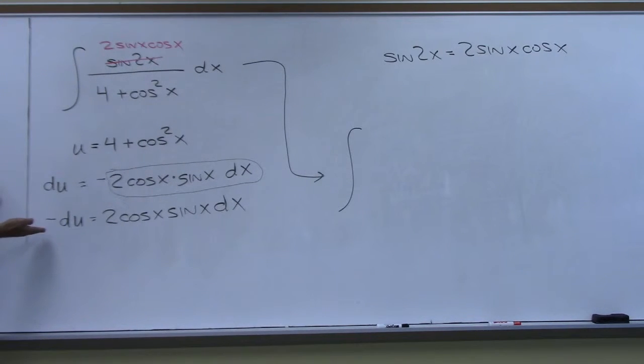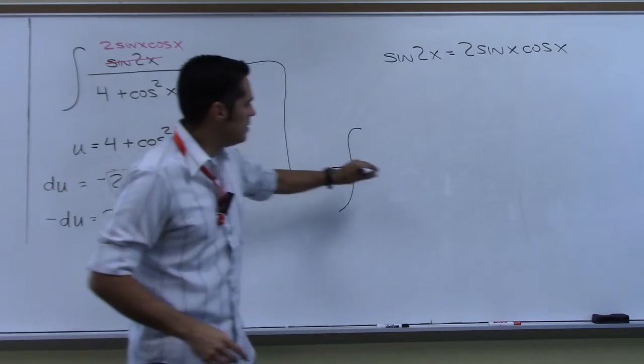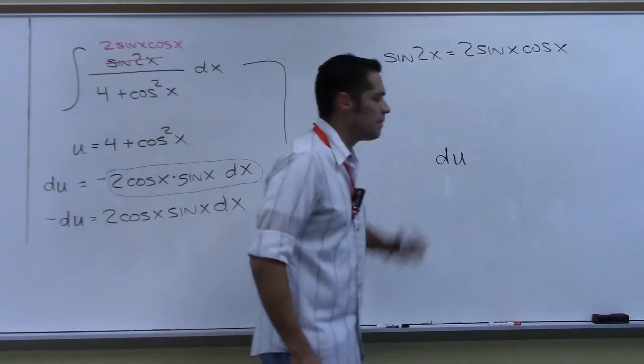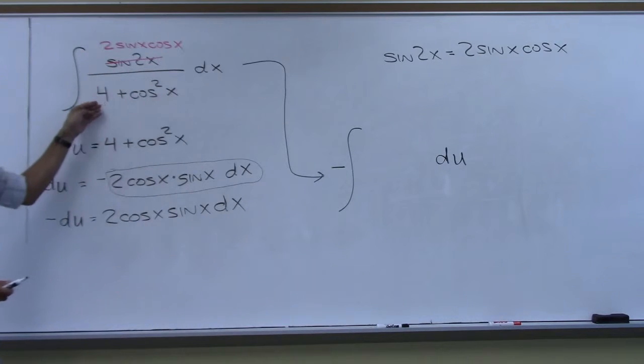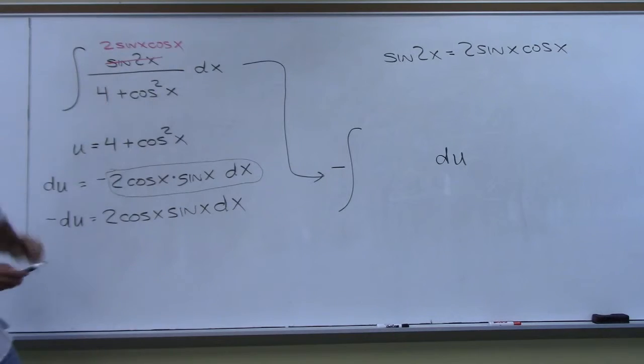Negative du. So I'll do it this way. Here's the negative. It's like a -1. The du I'm going to put out here in the back. And then I still have the 4 plus cosine squared x, which is the u, right? But it's on the bottom, so 1 over it.